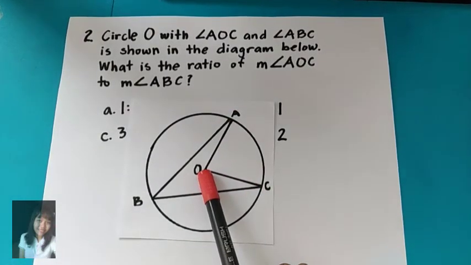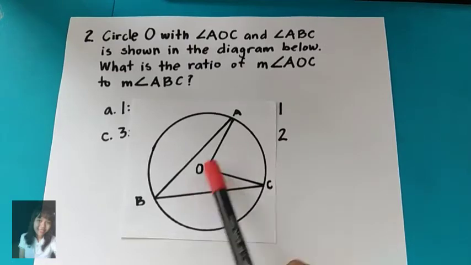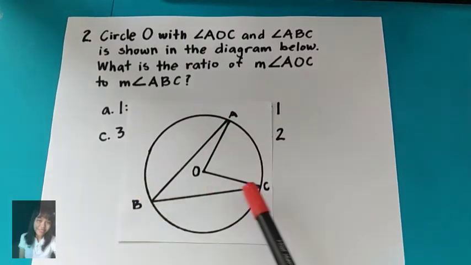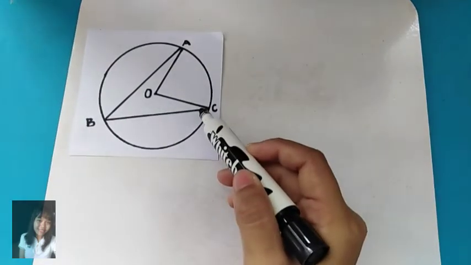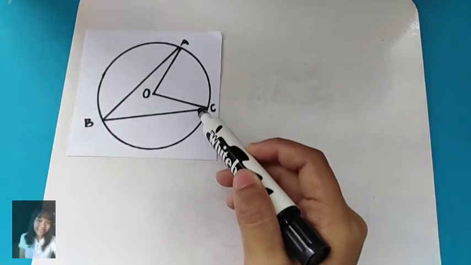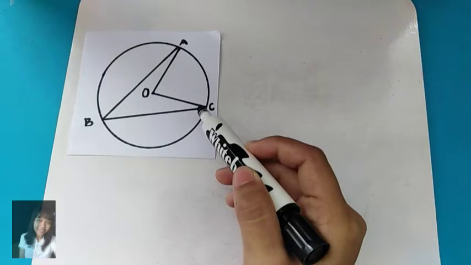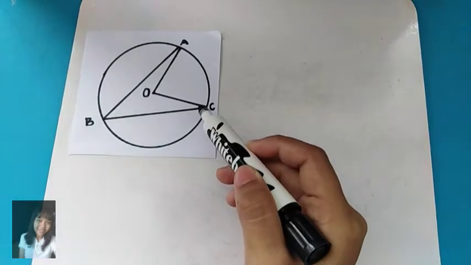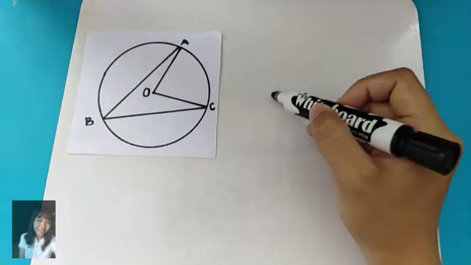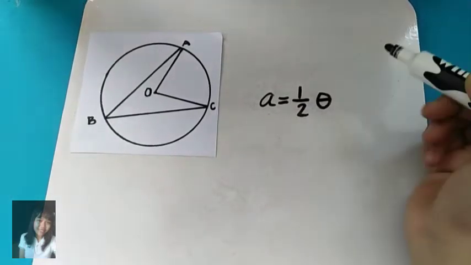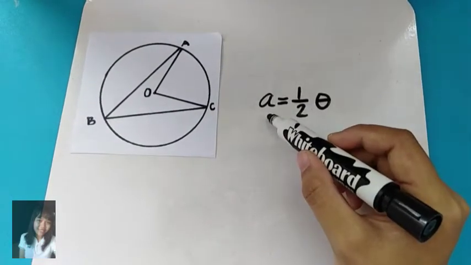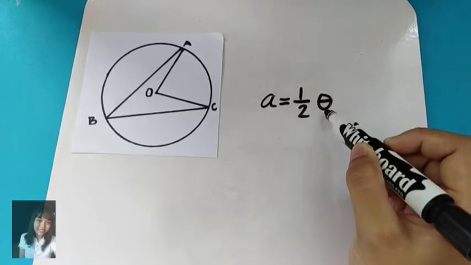In the problem, we are asked the ratio of angle AOC to angle ABC. Since we identified that ABC is an inscribed angle, we know that the measure of an inscribed angle is equal to 1/2 of the central angle intercepting the same arc. Therefore, the formula is alpha is equal to 1/2 theta, wherein alpha refers to the inscribed angle and theta is the central angle.